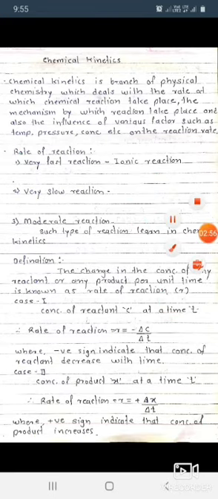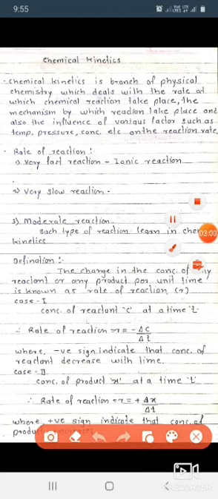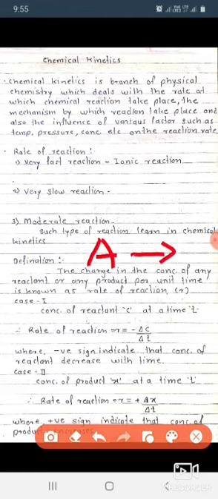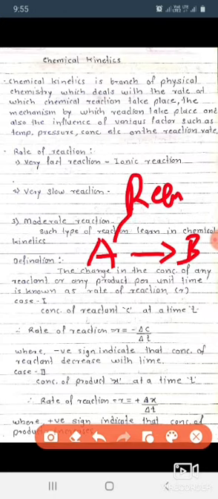Okay. By using one example, I will discuss how to find out the rate of reaction. Suppose we consider one example, A is converted to B. Here A is a reactant and B is a product.